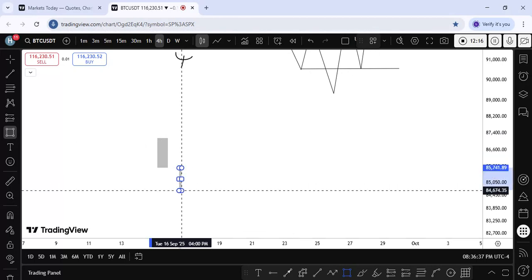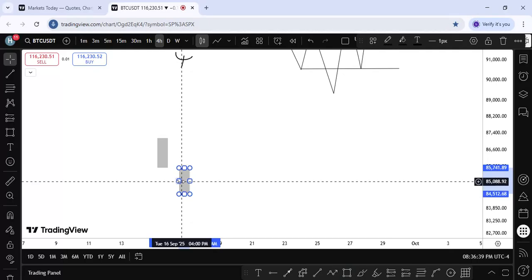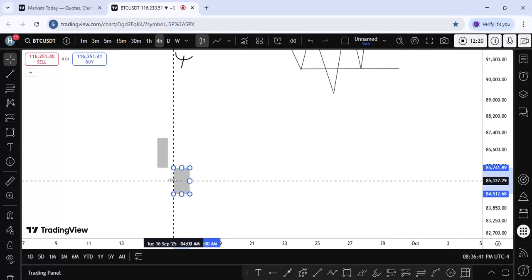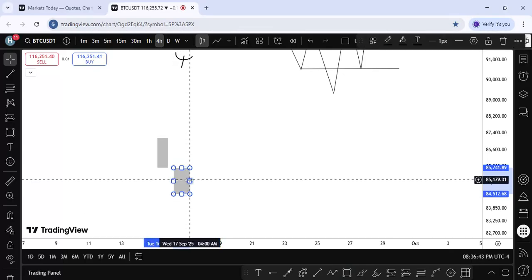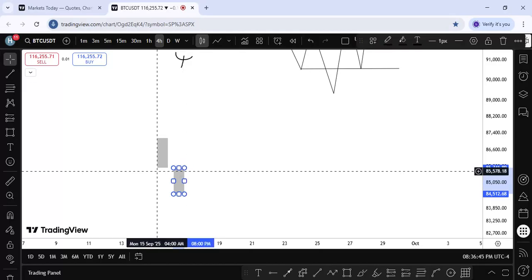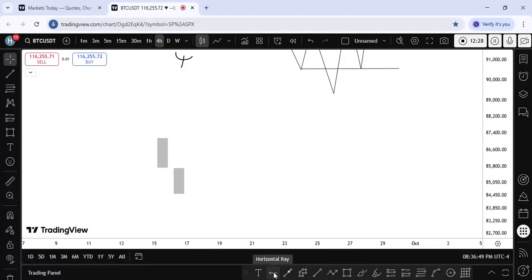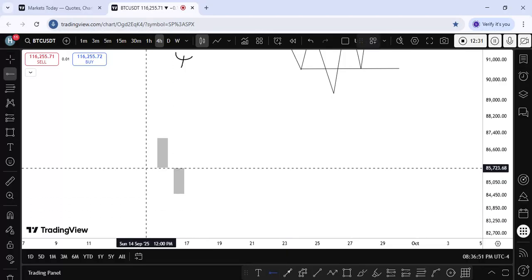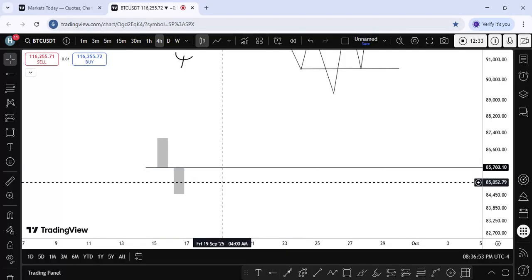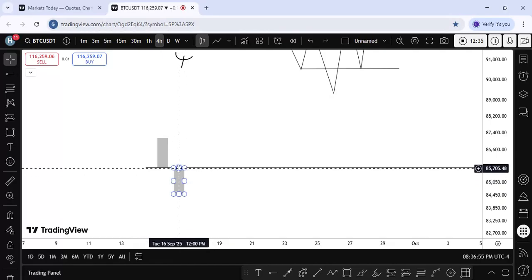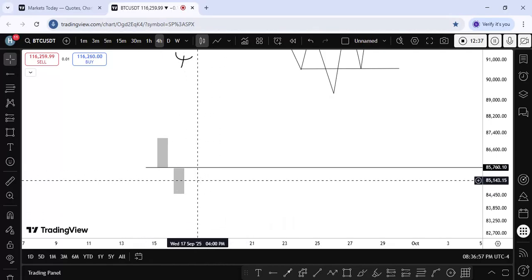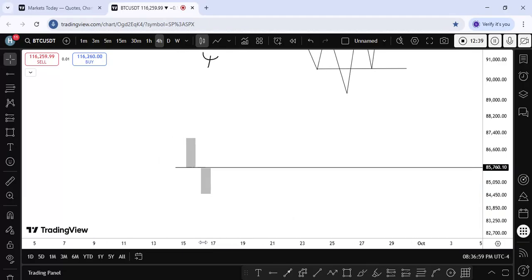Let me just use bearish as an example. This is called the OCL, price opens and closes at the same area of liquidity. Price opens and closes at the same place.